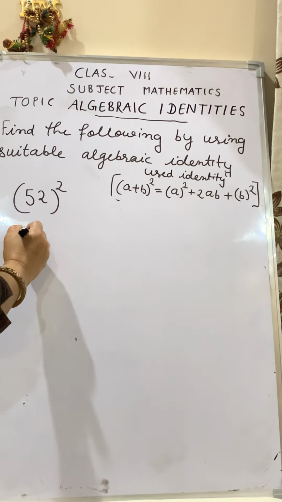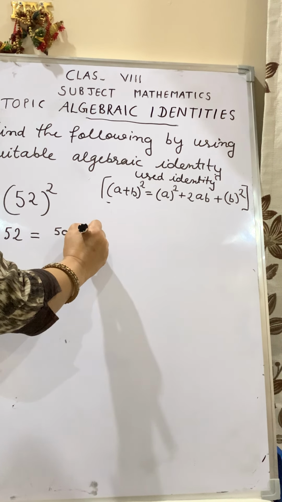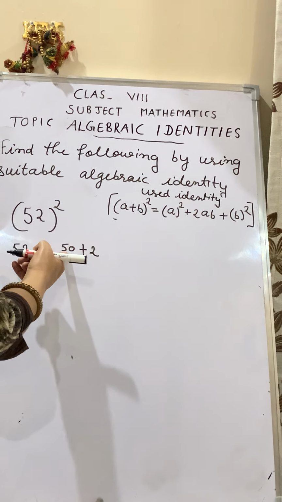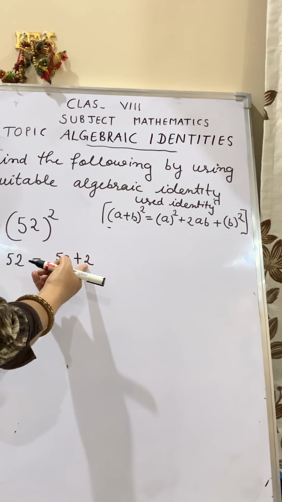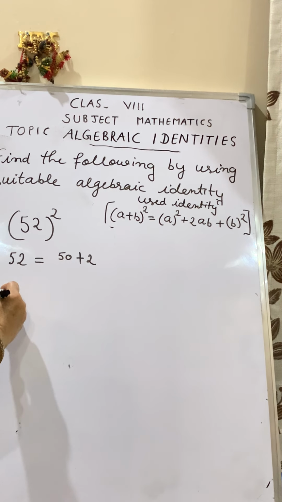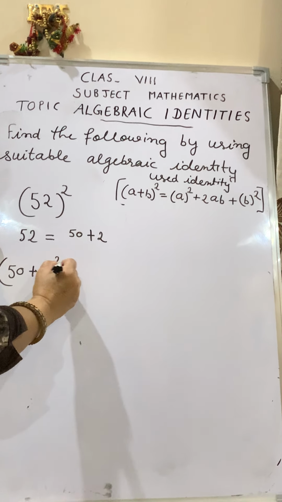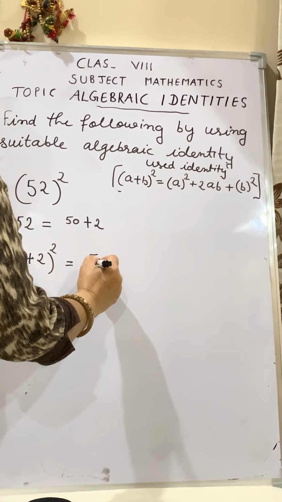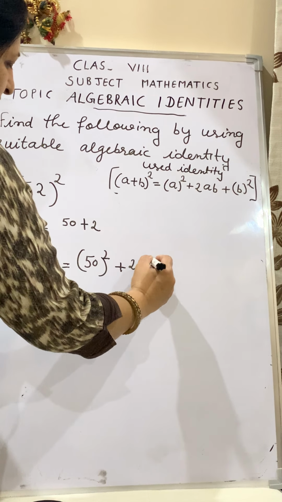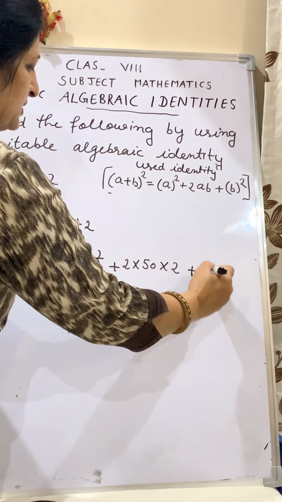We will write 52 equal to 50 plus 2, because whole square of 50 is very easy, and whole square of 2 is very easy. So we will write (50 plus 2) whole square is equal to whole square of first plus twice of first and second, first is 50 and second is 2, plus whole square of 2.